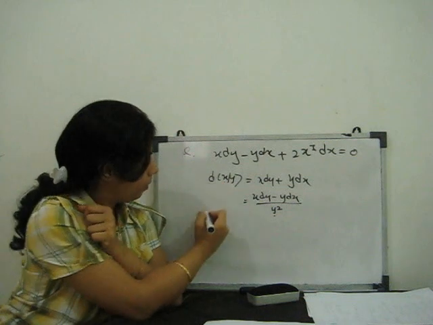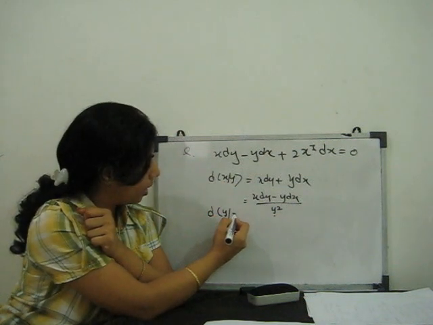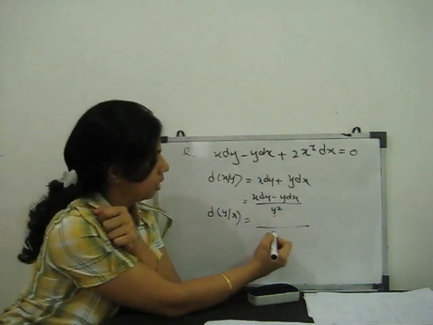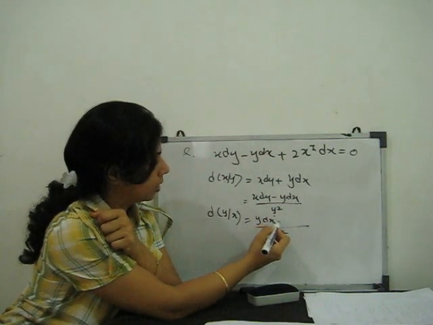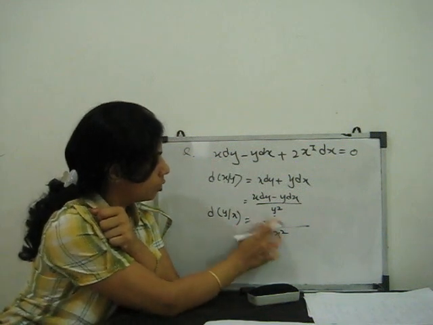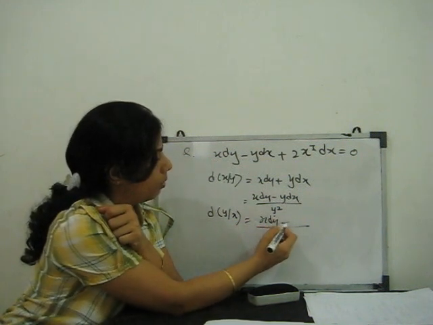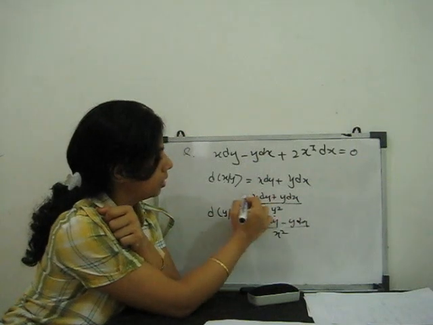Next, if our term is d(y/x), what does it give? (x dy − y dx) upon x².